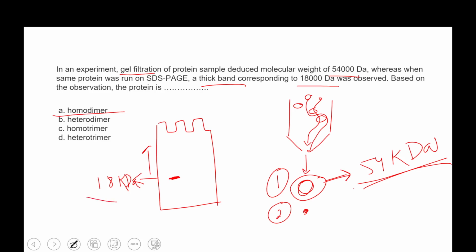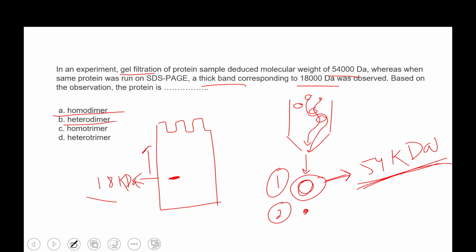So if two 18 kilodalton polypeptides come together, it will make a 36 kilodalton protein, right? But you got 54 kilodalton. So it is not a homodimer.